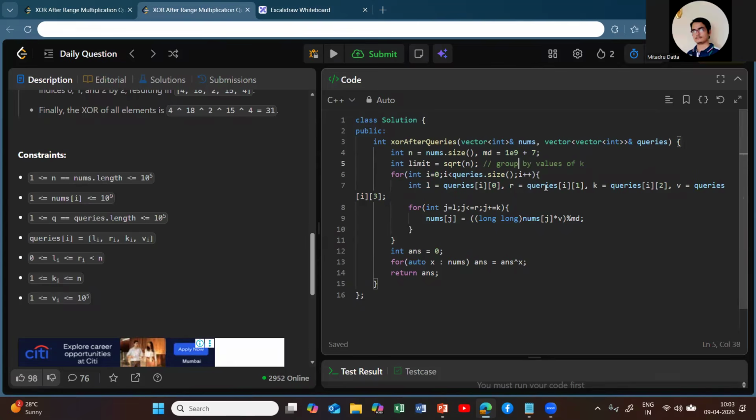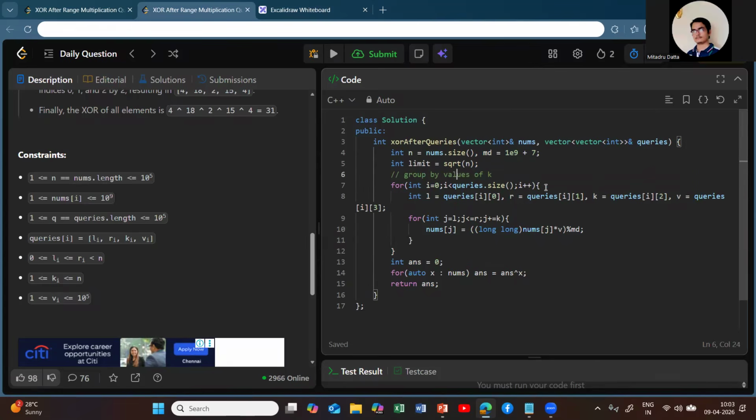For doing this, I will try to create a map, an unordered map kind of thing, where k is the key, and the values I will try to put as L, R, V. So I want to group all the elements by this key and value pair.